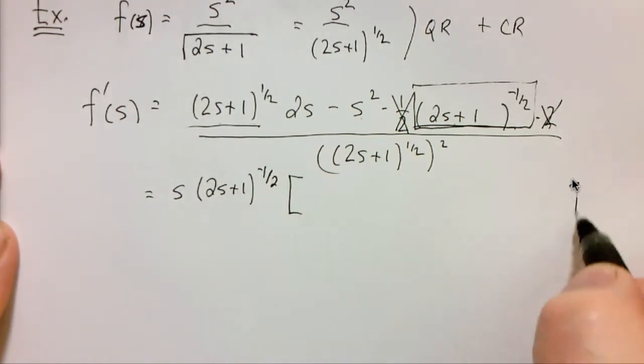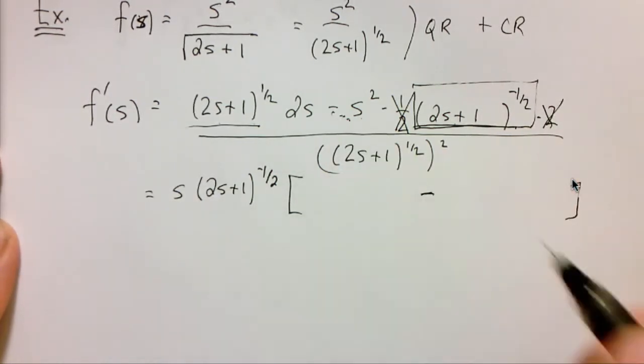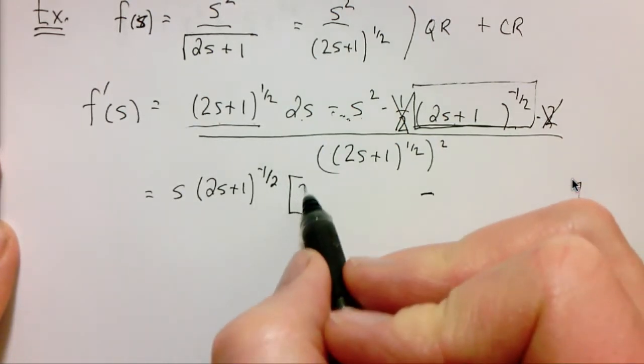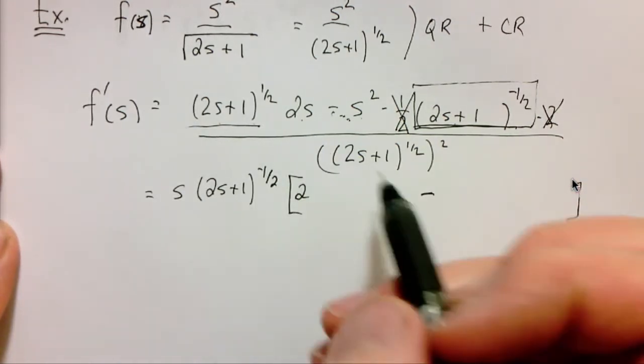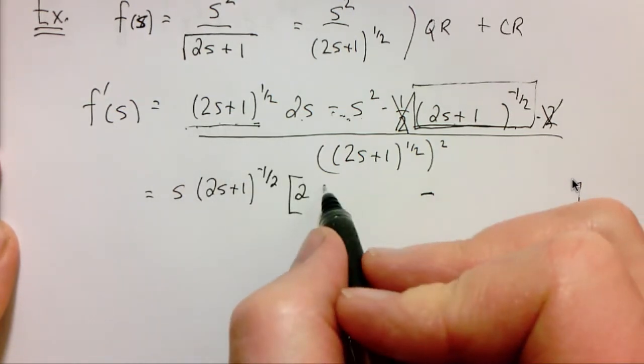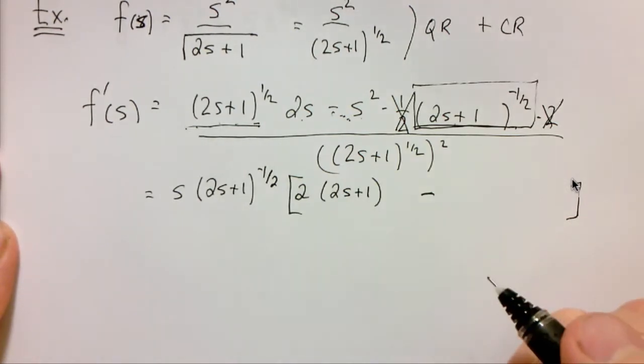Well, what's left behind? So here's our minus sign from the quotient rule. We took out the s here. We didn't take out the 2, so it's still there. And we took out some 2s plus 1s, but we didn't take out 2s plus 1 to the 1/2 power, so I'm still going to have some left here. How many?